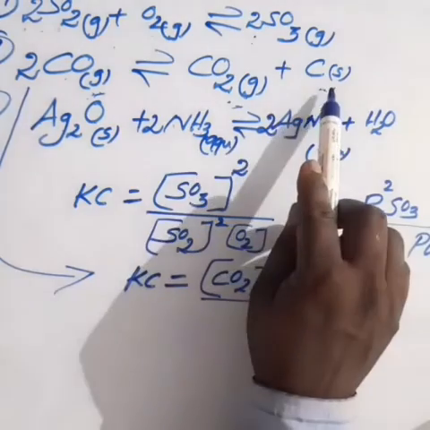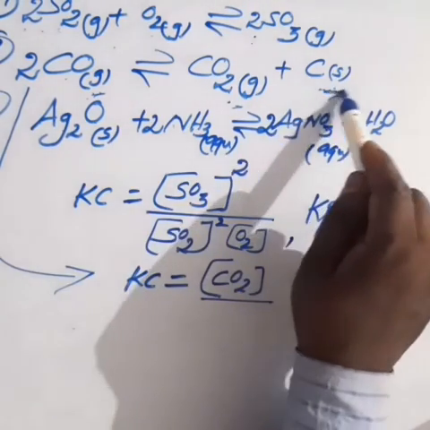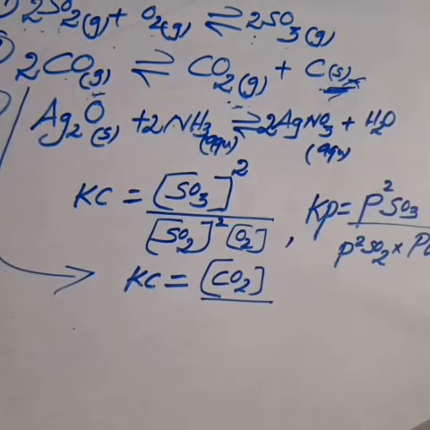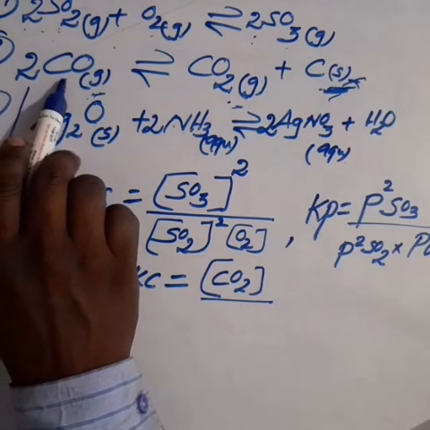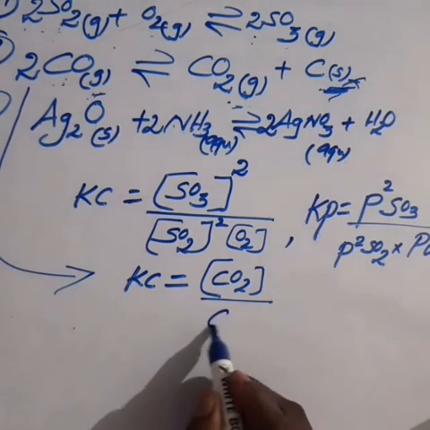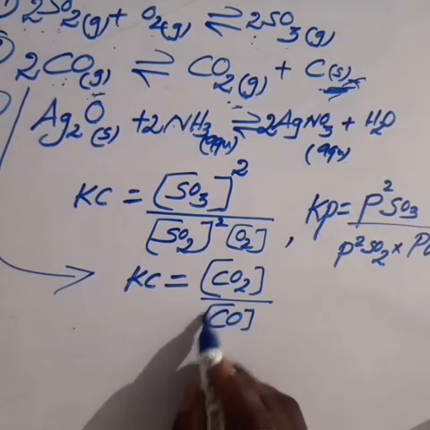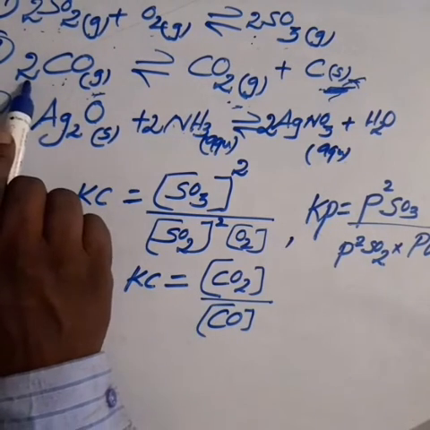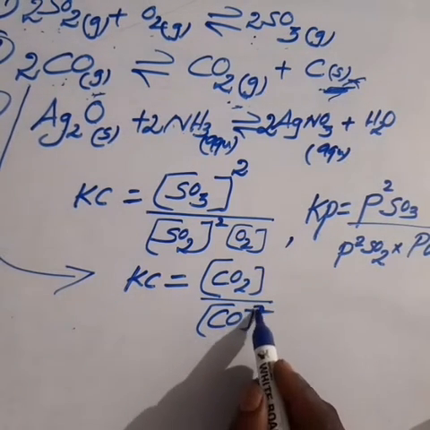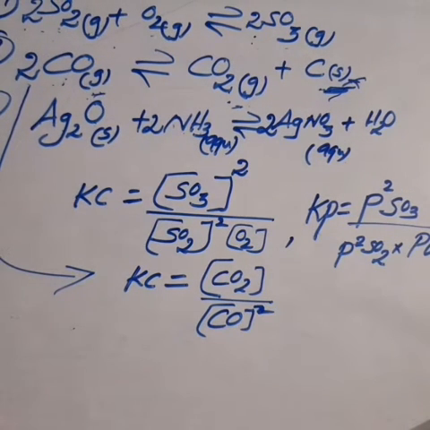What is the reason? The concentration of a pure solid is a constant. Don't forget that. So I am removing the term. Divided by CO, carbon monoxide, active mass of carbon monoxide. The number of moles is 2, so that 2 is written as the power. That is CO2 over CO to the power 2.